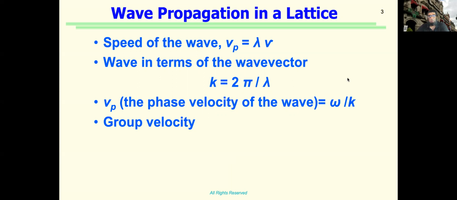Now, when we talk about a single wave, we talk about the speed of the wave, but when there are a bunch of waves traveling, we talk about the phase velocity of the wave. That's written as omega over k. When we talk about a bunch of waves, we are talking about a wave packet, which is basically a bunch of waves superimposed on each other.